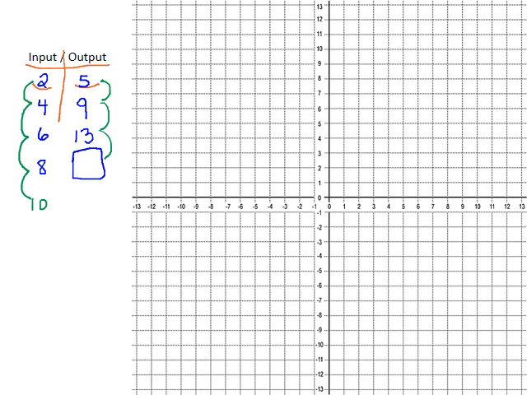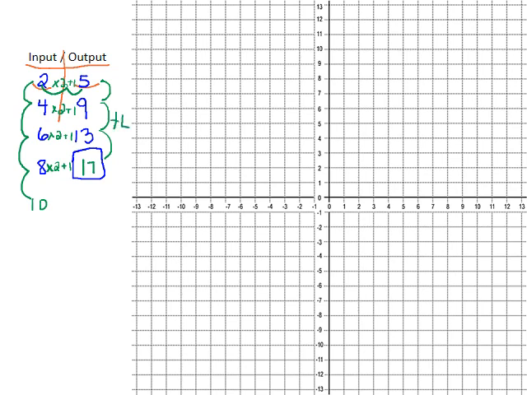You could also think, well, they multiplied by 2 and added 1. Okay, so 8 times 2 is 16, plus 1 is 17.